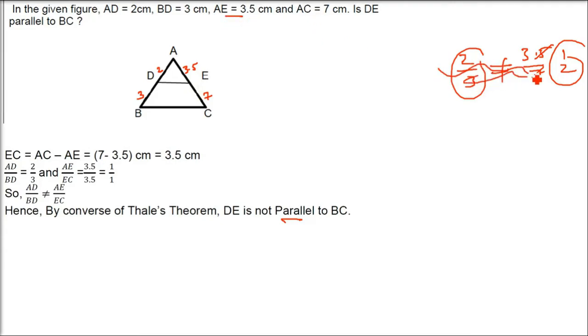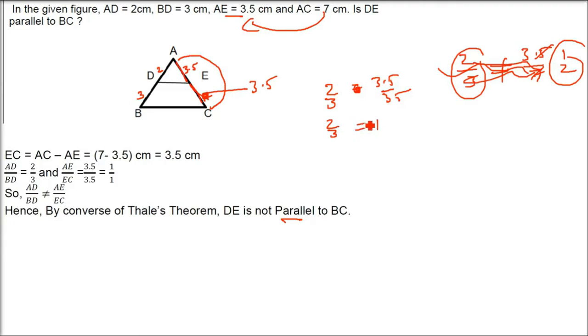But what we'll do, we are given AE here and we are given AC as the whole. So from AC we have to subtract AE so that you get EC. That means this whole is 7, subtract 3.5, then you will get EC as 3.5. So now the actual ratio is AD by DB. If it is equal to AE by EC, that means DE is parallel to BC.